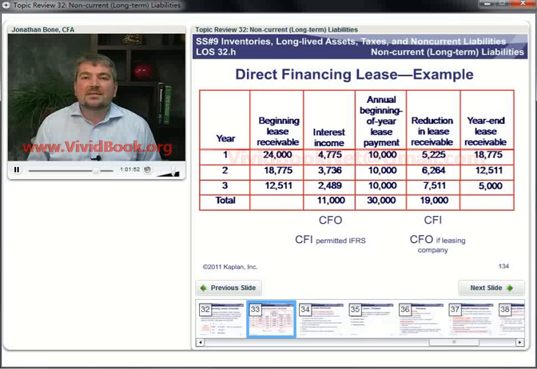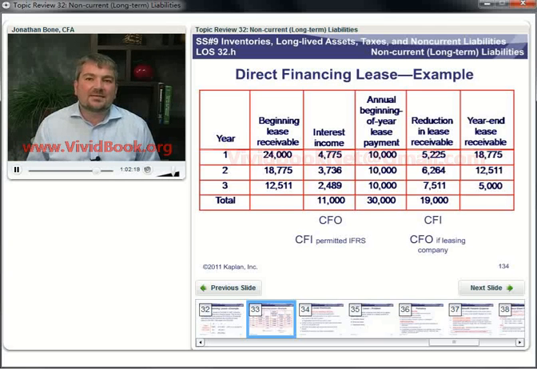The balance is of course paying off your asset, so the asset in the balance sheet falls by 6,264 down to 12,511. Again, in terms of our cash flow, the interest received goes through CFO. The reduction in the lease receivable is as if we're losing an asset, so essentially it goes through CFI, increasing our CFI. And this happens throughout the life of the lease.